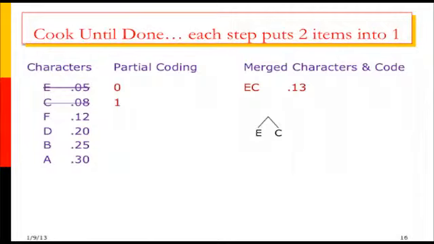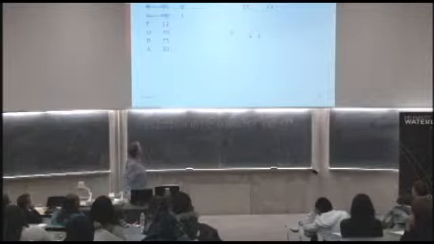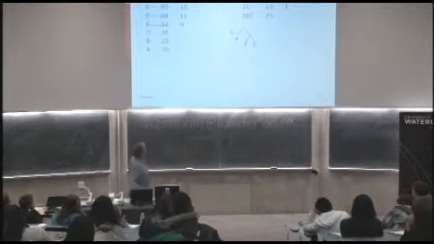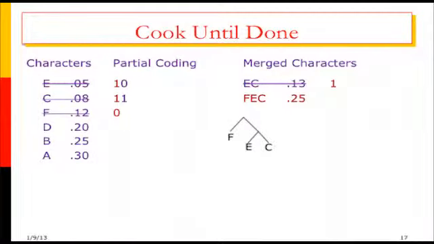And now that was so much fun that we're going to do it again. We're going to take the 2 least frequently occurring things that have not yet been crossed out. And those are the F, as we see, and the EC. So we will cross out the F, we will cross out the EC, and we will replace it by an FEC.